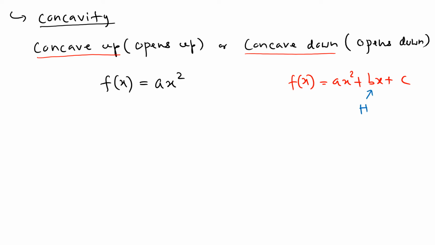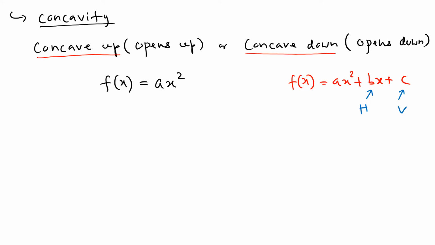That's what happens if you look at the transformation techniques. So here we assume that b and c are not there, so it's just a.